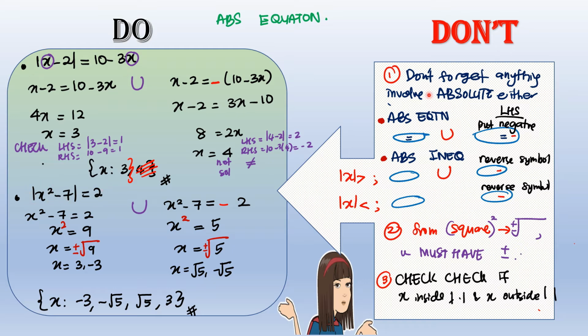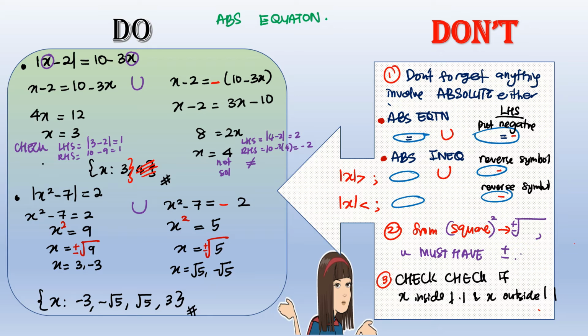The two conditions. Don't forget anything involving absolute. For an absolute equation you have to use union, so we put a negative on the left-hand side. For absolute inequalities, it depends on our modulus x.